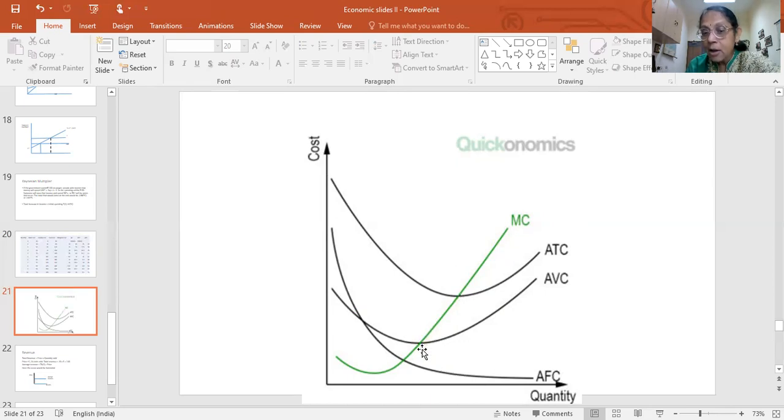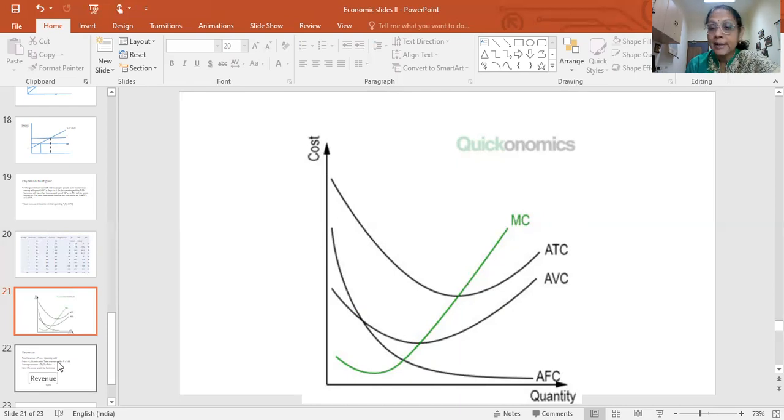And that is the reason why it would come at a higher quantity. So your marginal cost curve will have to slope like this. Okay. First AVC, then at somewhat more quantity the lowest point of ATC, and then it grows up. Okay? This is how you would draw the cost curves.